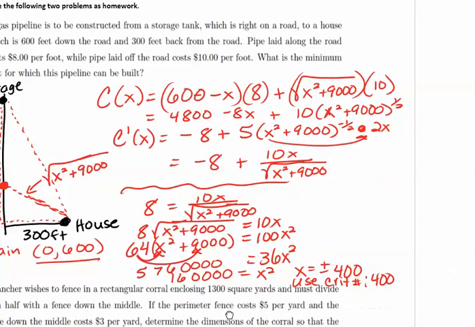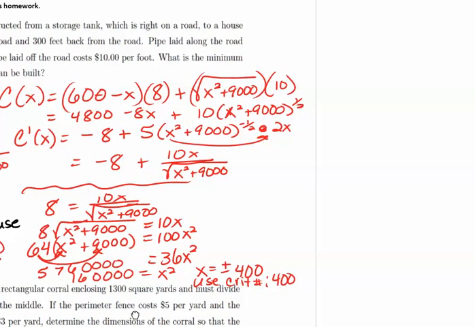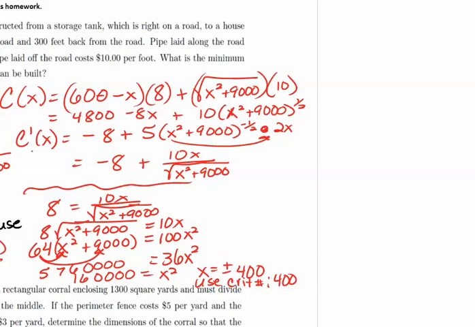And now I'm going to test the signs of the intervals of our C prime. So we only have one critical number, so let's find out what happens on the interval from 0 to 400 if we put in, and you could put it into this form right here. Think about putting in a number like 1, for example. So we would have a very small fraction here added to negative 8.